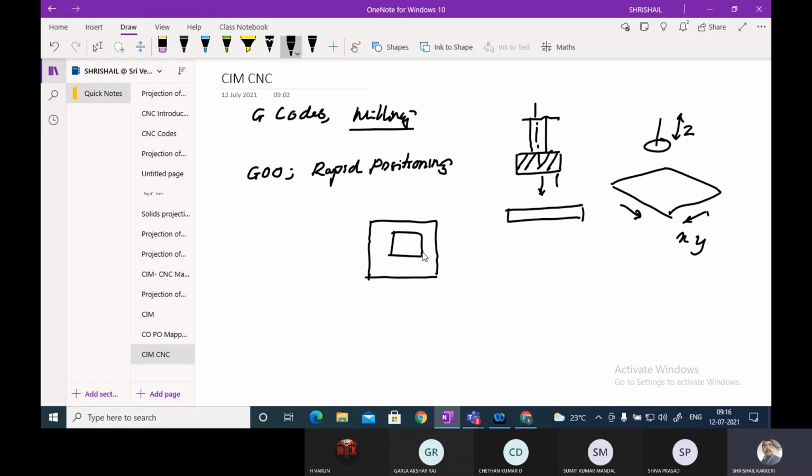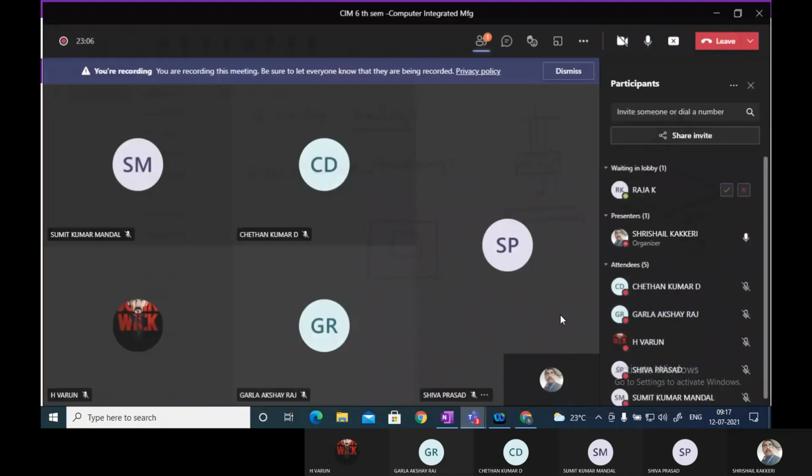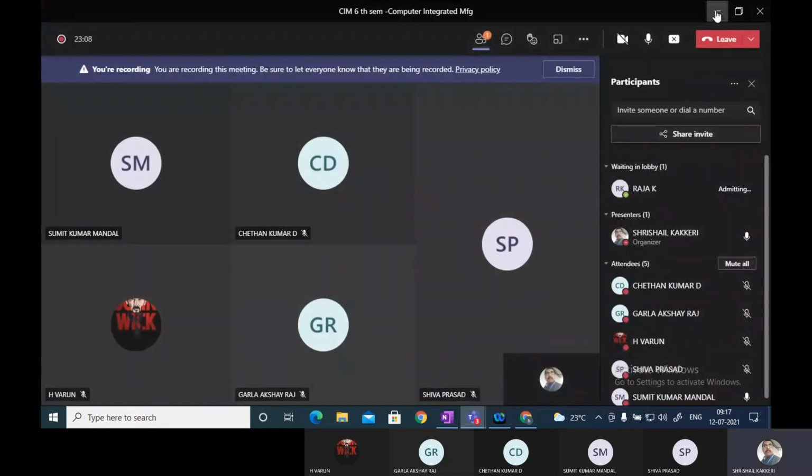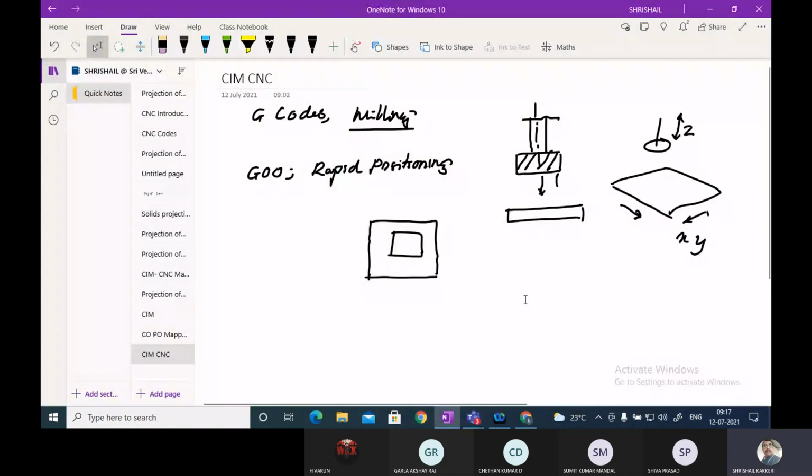I don't want to discuss the zero and the float again, and I don't want to explain the incremental and other one. What are the two ways by which we can do the dimensioning?